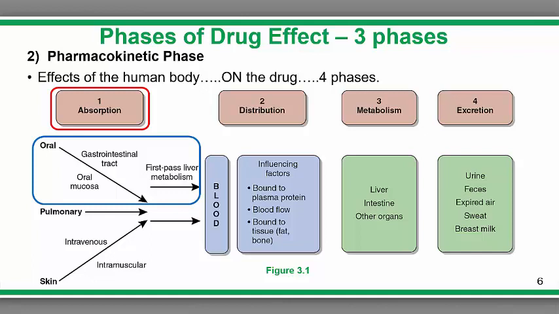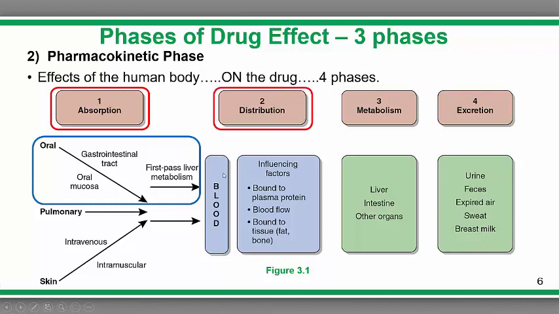So some of that medication will be metabolized. For medications that are delivered through the pulmonary system or through the skin, as an intravenous, which is going to go directly into the blood, or intramuscular, those modes will bypass first pass liver metabolism.